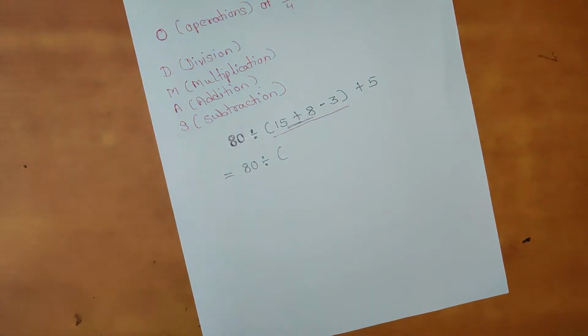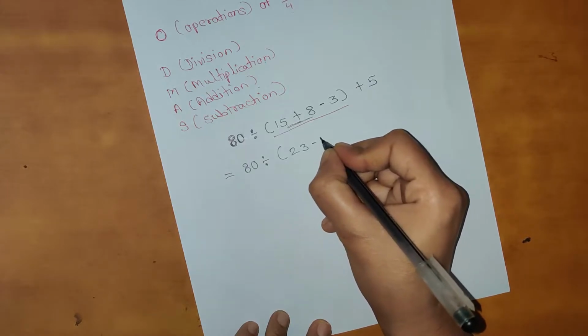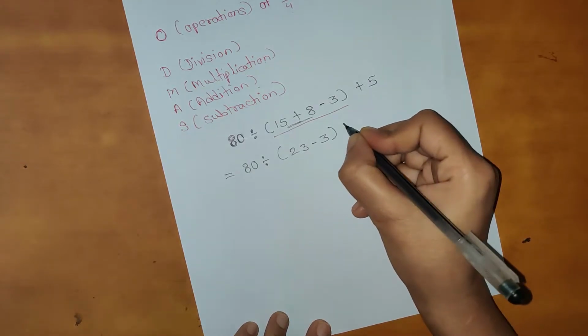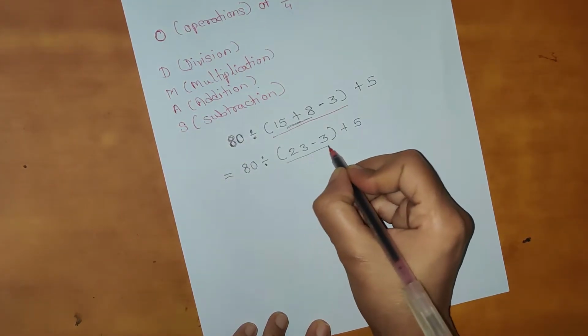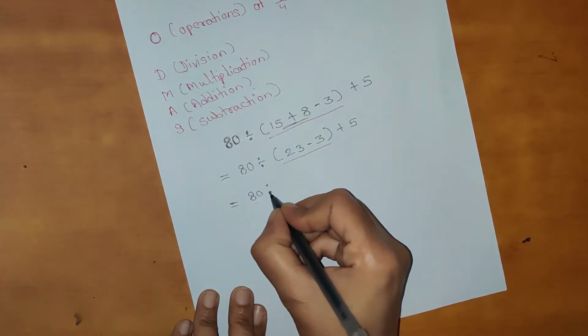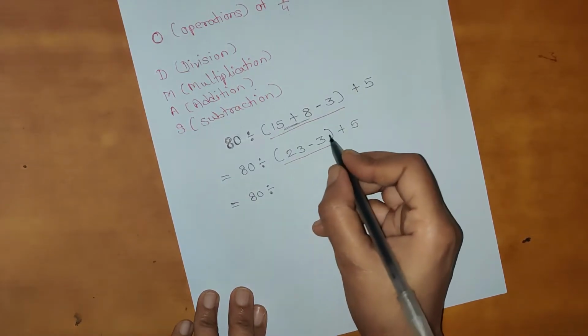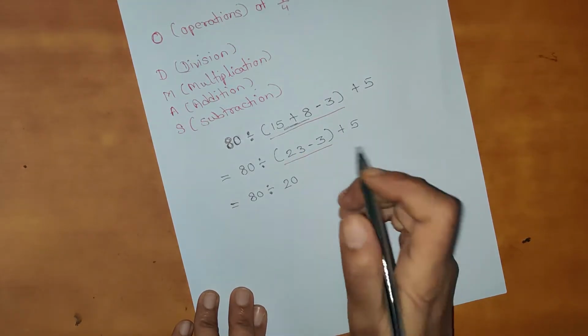The answer is what? 23. Then minus 3 and plus 5. Now here we will solve 23 minus 3 in the bracket. So we will write 80 divided by 23 minus 3. The answer is 20. Since the bracket is solved, we will not put the bracket here.